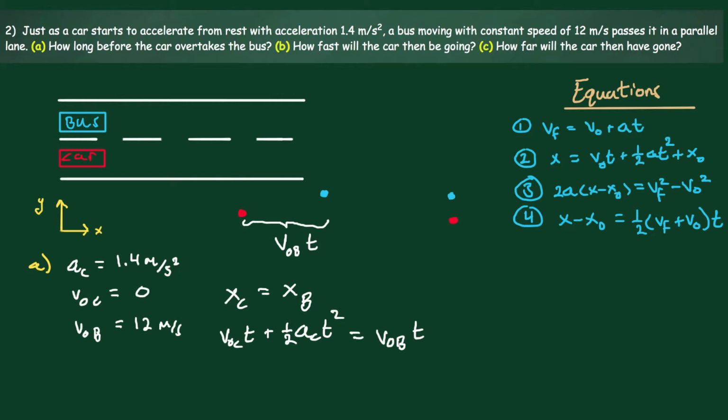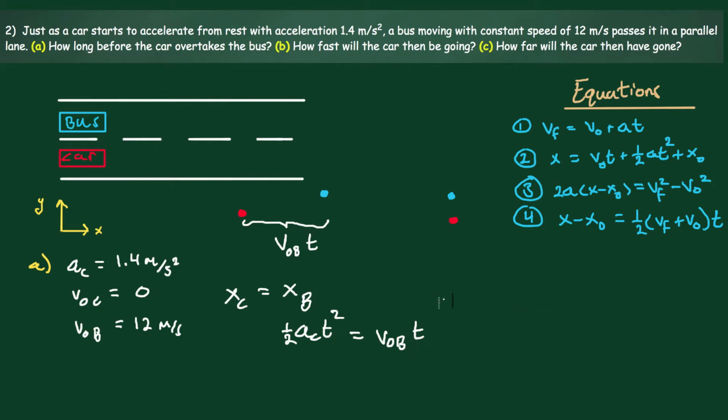Let's see. Okay, so V0 of the car is equal to 0, right? V0c is equal to 0. So let me just go ahead and erase this one too. So really what we have is 1/2 a_c times t squared is equal to V0b times t.